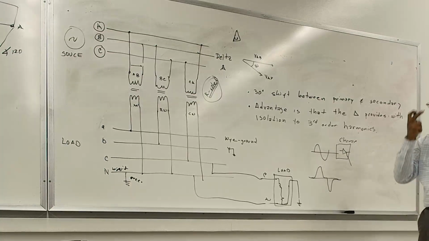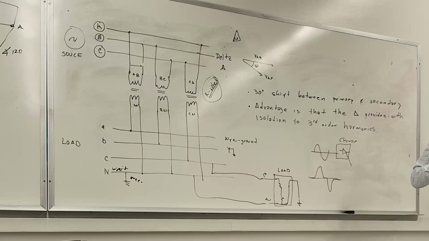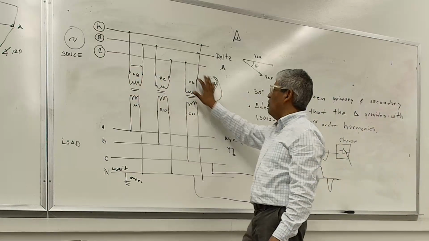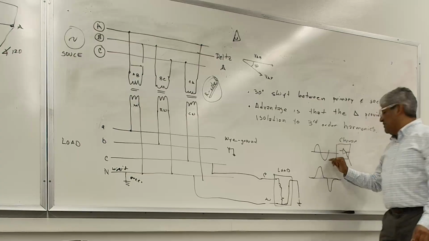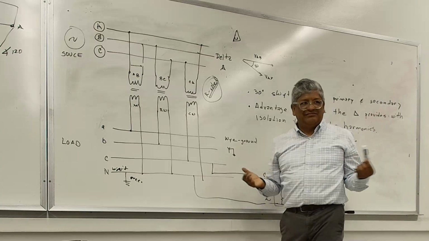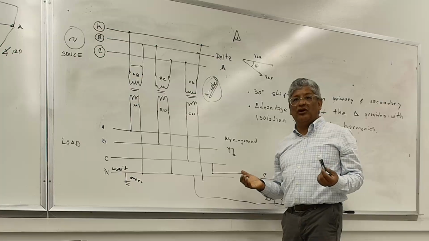It's beefier. It has more wire than a conventional transformer. The reason is that you're having to deal with currents beyond the 60 hertz currents, so you still have to deal with the I-squared losses.